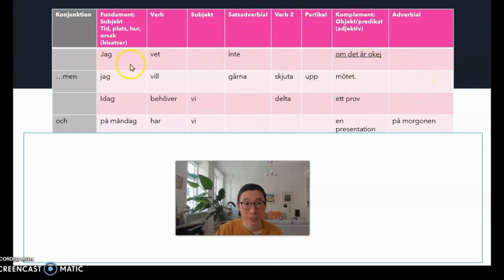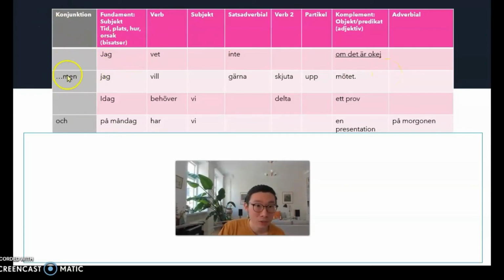And now you realize that jag vet inte always exists after the verb, the first verb, main verb. Om det är okay, if it is okay, is actually a subordinate clause, and this subordinate clause is actually the object in the main clause. So I don't know it, right? I don't know if it is okay.